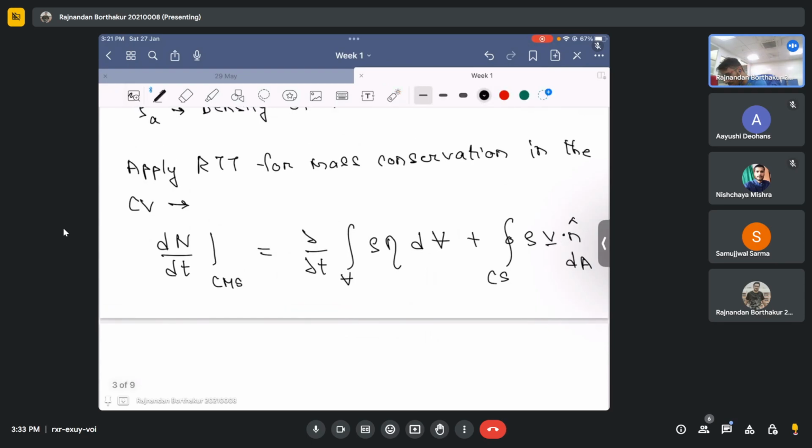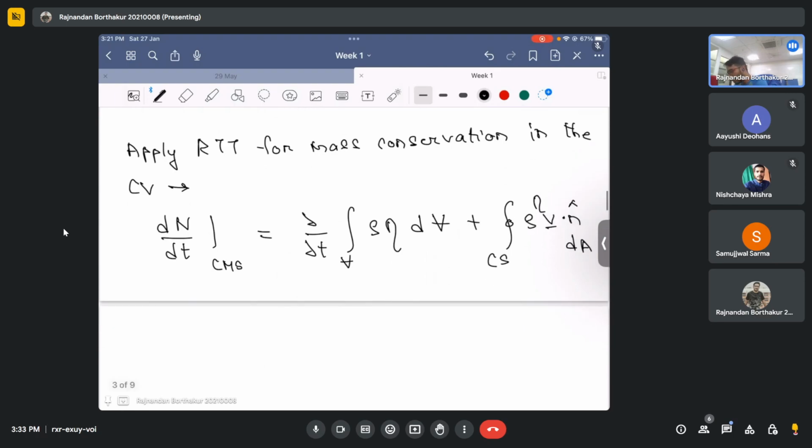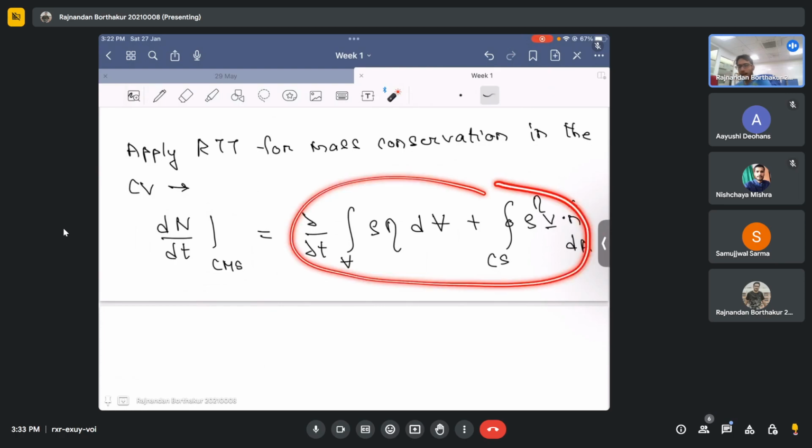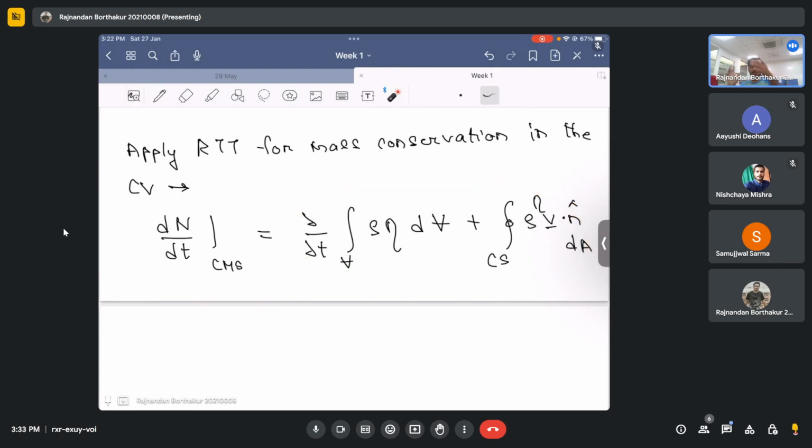Sorry for that, there has to be an eta that goes with it. So this is precisely the Reynolds transport theorem, as you can see. The term on the left hand side denotes the change of the property in a control mass system, and the term on the right hand side is related to how the property changes inside a control volume.